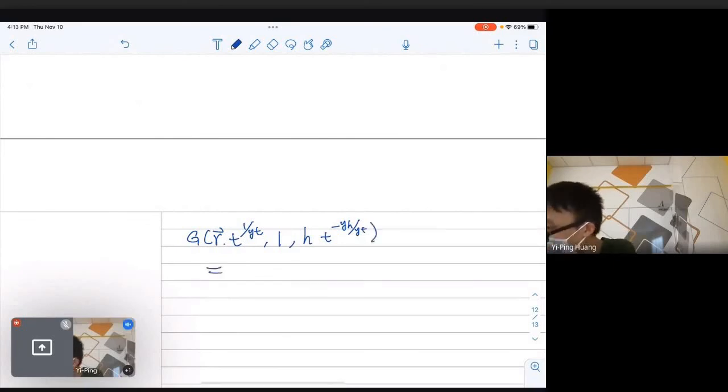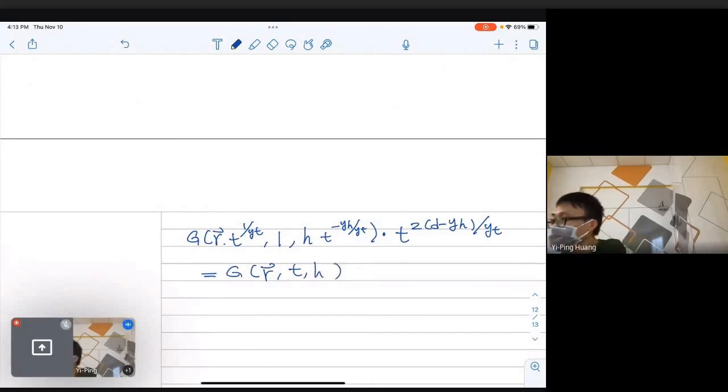And this is equal to, wait a second, I still need to deal with the other factors. And it will be equal to G, R, and t, h. So basically it is completely identical trick that we used previously.